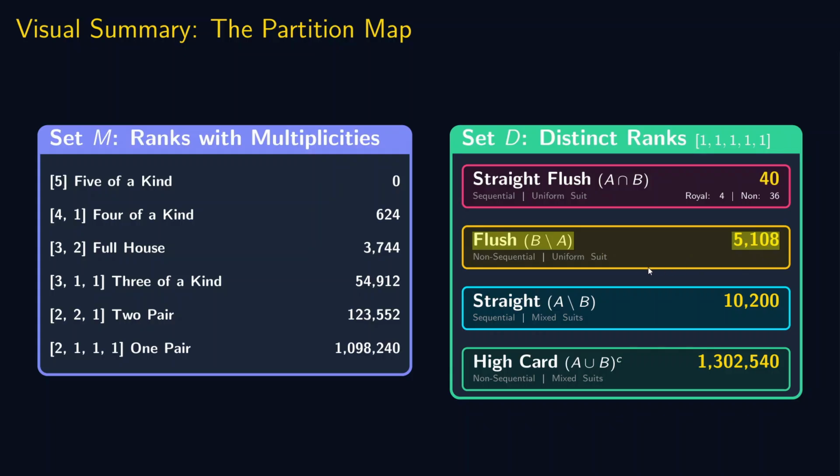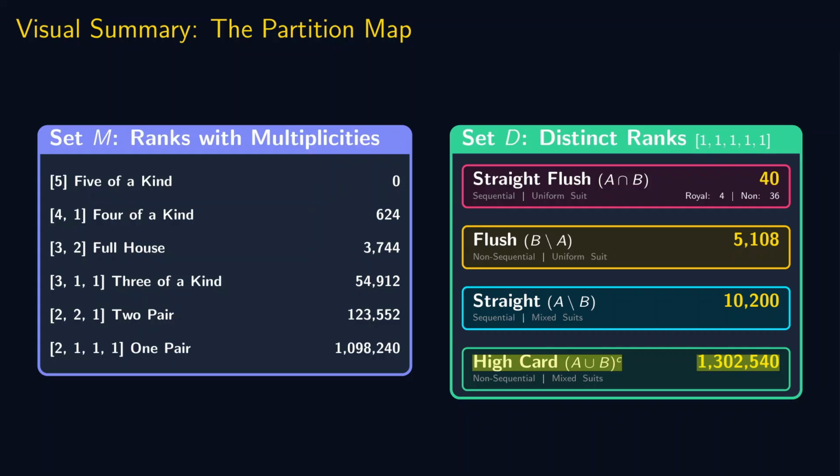Where only the sequence condition is met, sequential columns, non-uniform rows, we have straight. The total is 10,200. And where neither condition is met, non-sequential columns, non-uniform rows, we have high card. The total is 1,302,540.